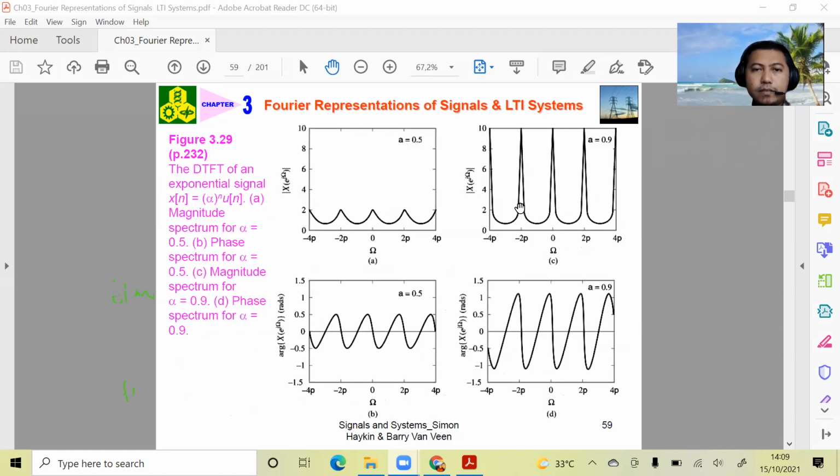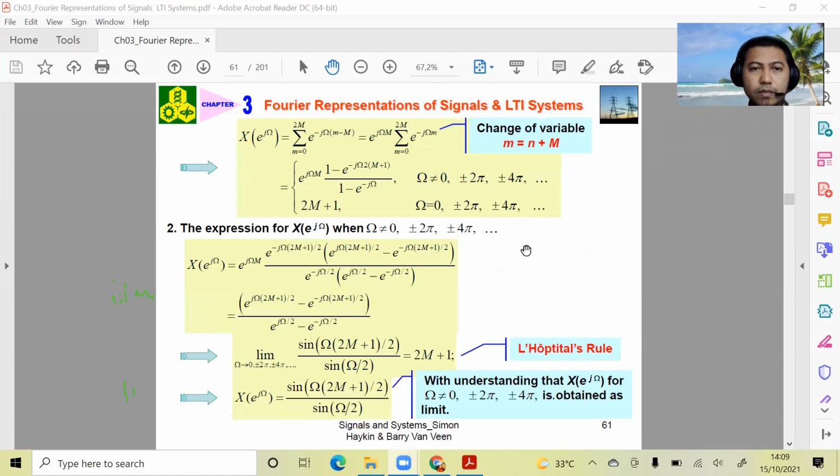I wrote in the previous slide that j omega in this case is from minus m to positive m.